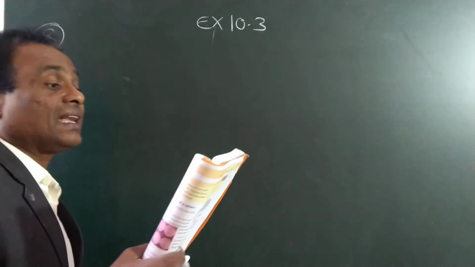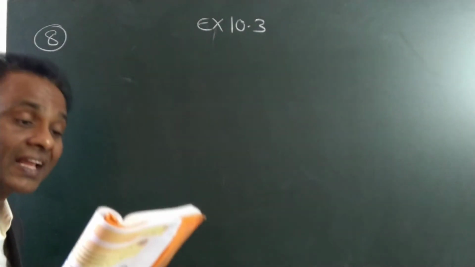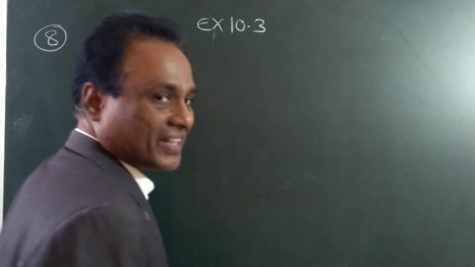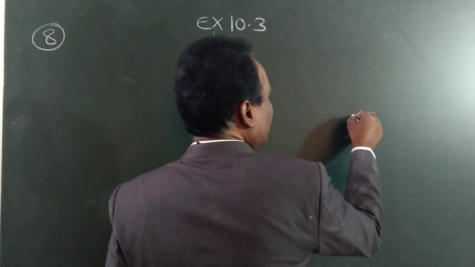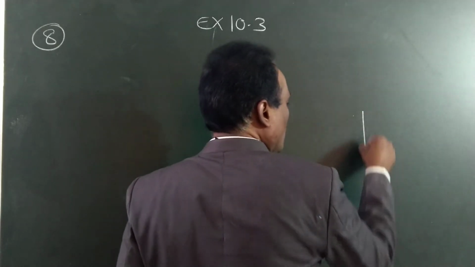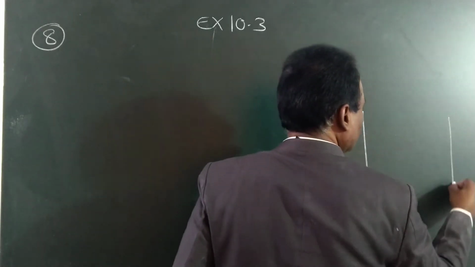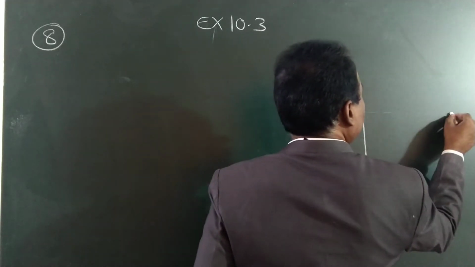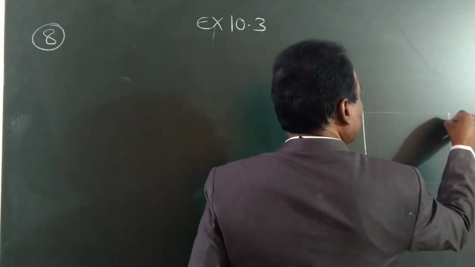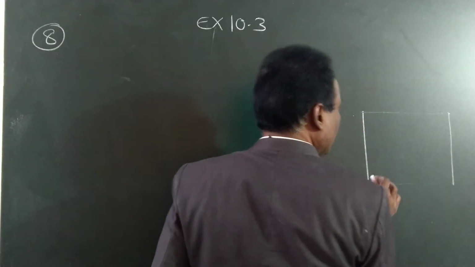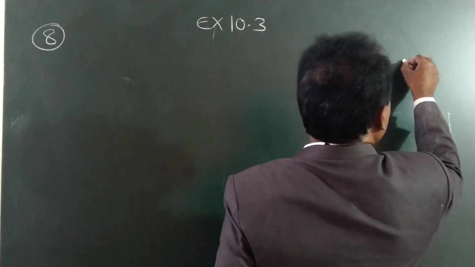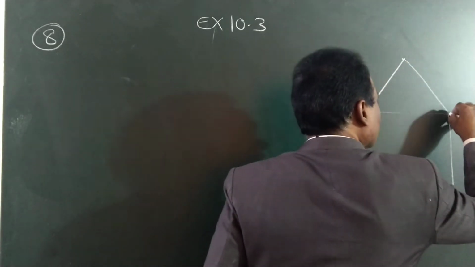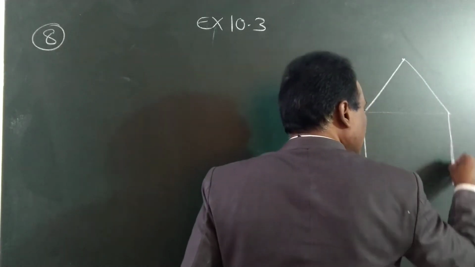See here, a tent is cylindrical to a height of 4.8 and conical above it. I will draw the tent shape. Tent is not completely conical. Tent is like this.